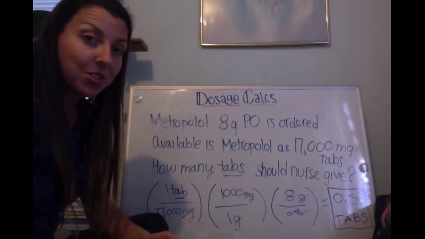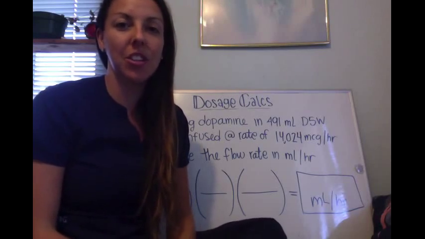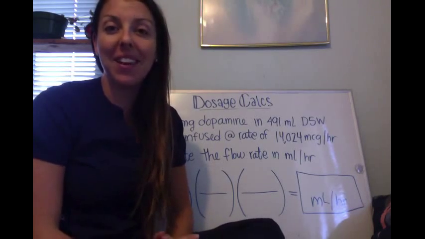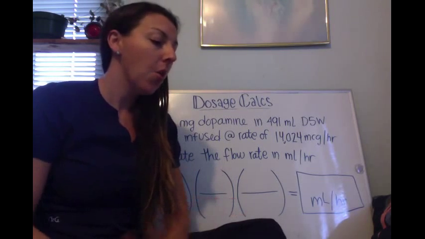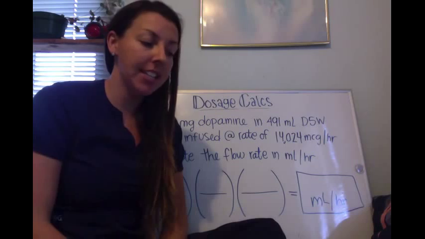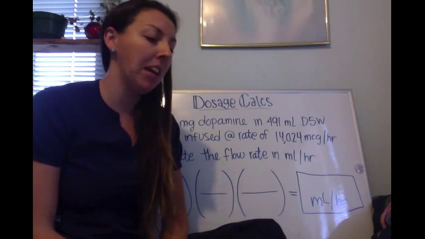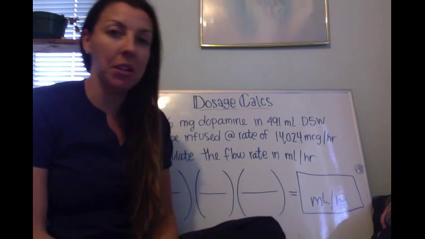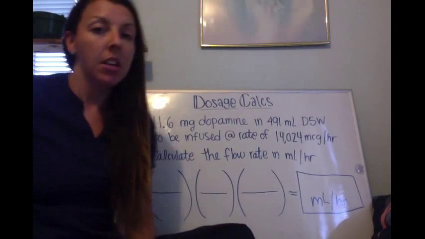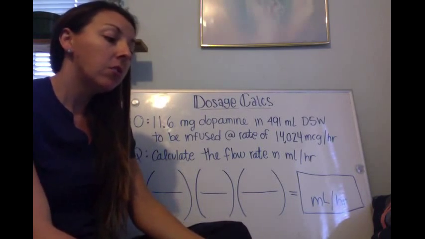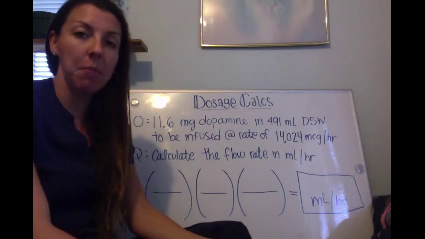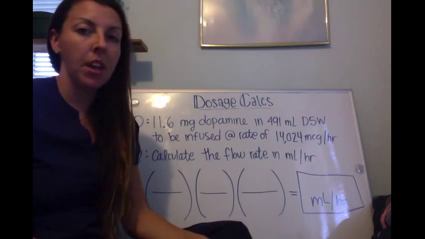On to our next question. So this next question has to do with IVs and flow rates. So the question is, ordered is 11.6 milligrams dopamine in 491 milliliters of D5W to be infused at a rate of 14,024 micrograms per hour.